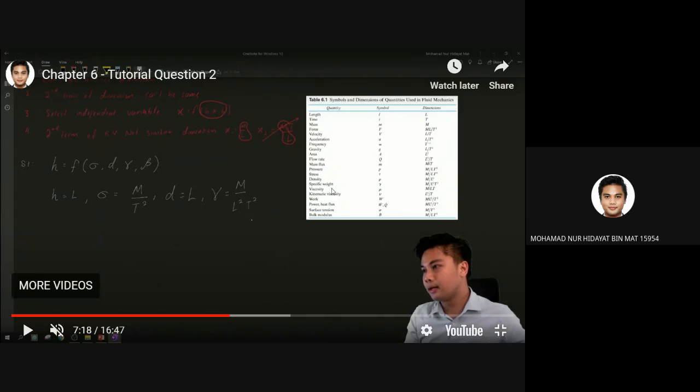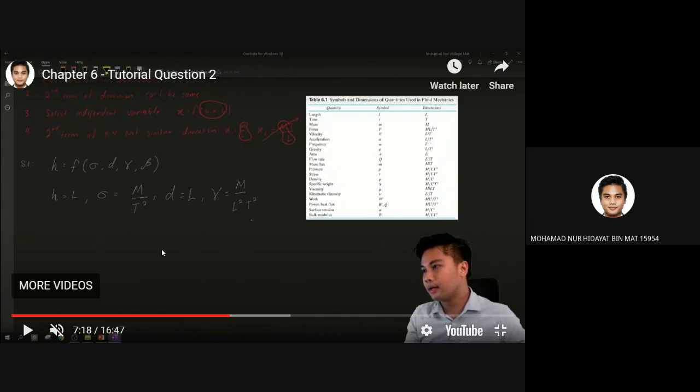For those who are quite fast at this, you can actually derive this form. The sigma is equal to something, and then finally you will get this m over t squared. However, during the test, you might feel you want to hurry. So it is better to prepare beforehand, because during the test you can straight away apply the table.